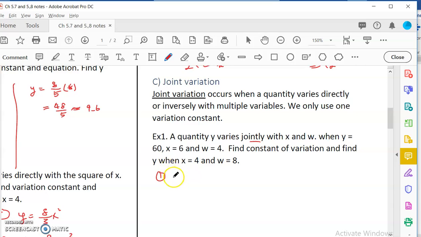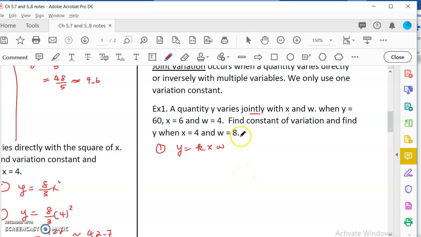The first step in solving a variation problem is to write the model. y is equal to k, but jointly with x and w, that means both of them are direct. So you will not have k1 and k2, you just say k times x times w. Okay, and then you solve for k, the second step. To solve for k, you would use one set of data that you have.